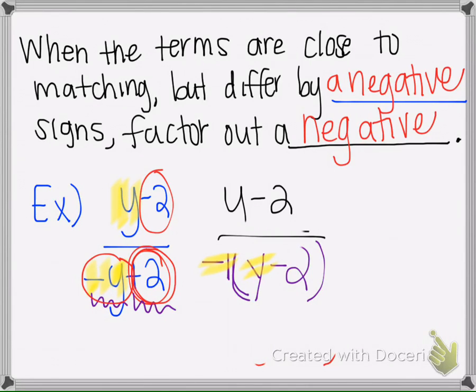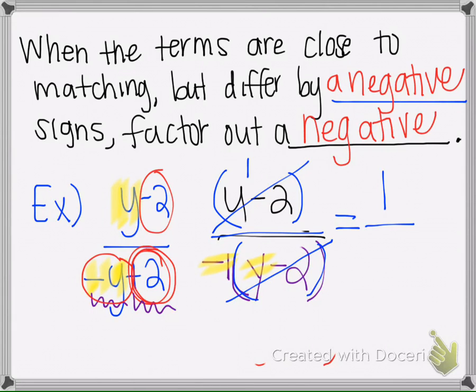So now this will match with this and they will divide out, leaving us nothing in the numerator, so we could always put a 1, because these make 1, and then a negative on the bottom, and then a positive divided by a negative is a negative.